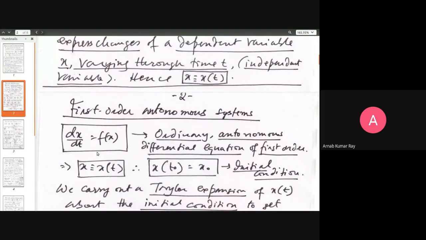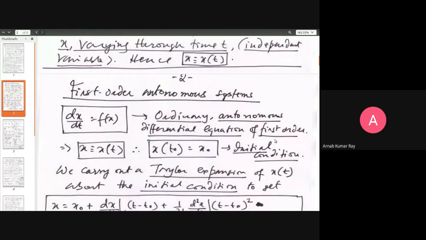Anyway, so this has an ordinary derivative, therefore the word ordinary. It's a differential equation because it involves a derivative. It's of the first order because it is just dx/dt and not something like d²x/dt². And now look at the word autonomous. The word autonomous means that the right hand side, for this derivative that we have written, is some given function of x.